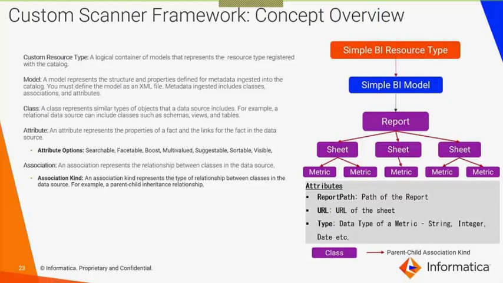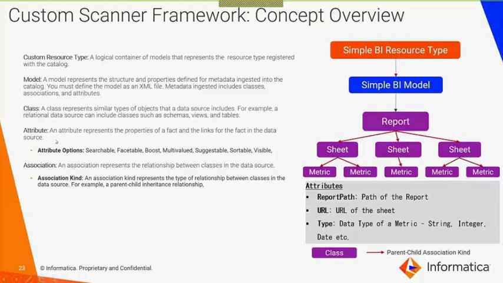Your custom model is nothing but an XML file that you have to create based on what are called classes, attributes, and associations. So what are these? Classes are similar to, let's say, your schemas, views, and tables. These are all classes.